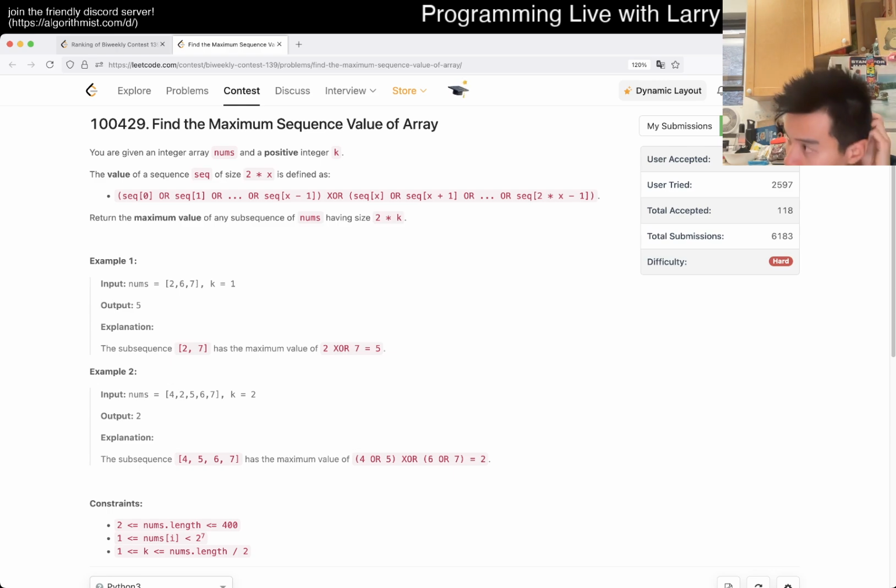Zeros and ones. What does 0 mean? 0 means they're all zeros.